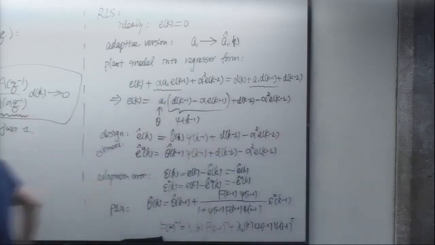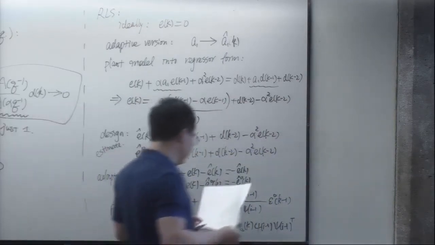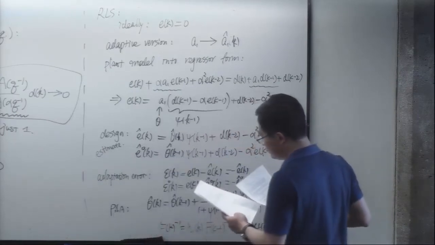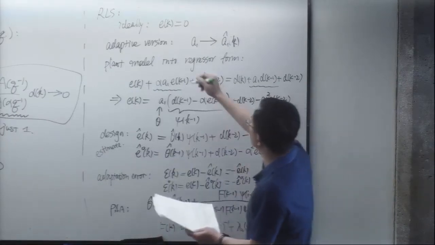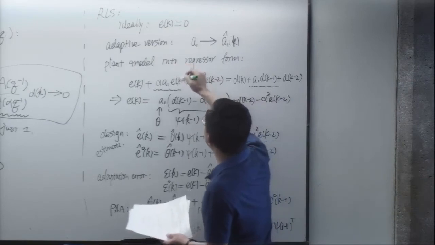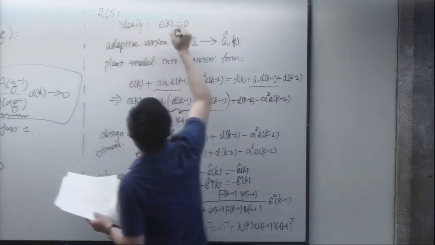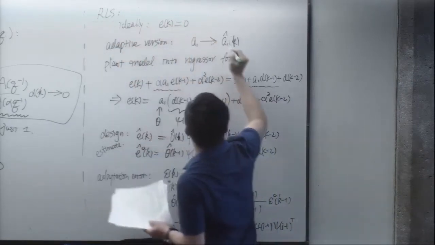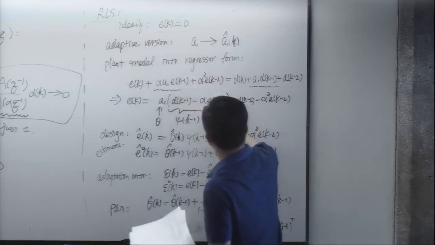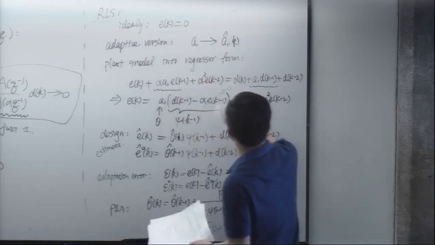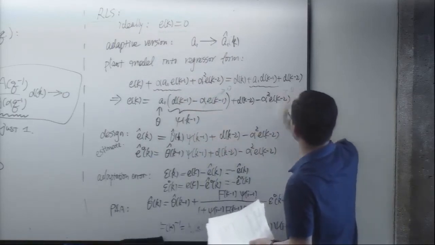So using a different color, for RLS, because of this, this is going to be 0, and this is also going to be 0.